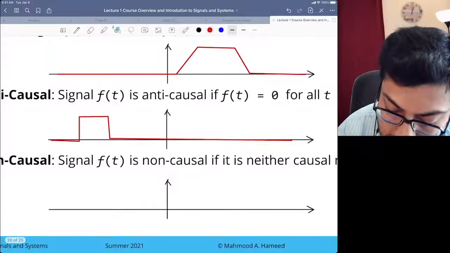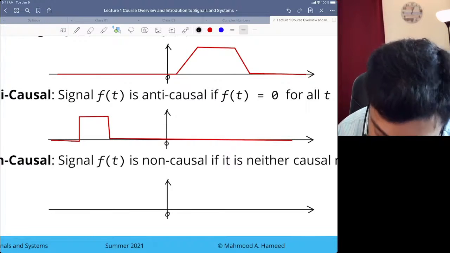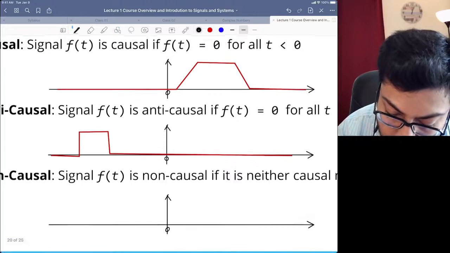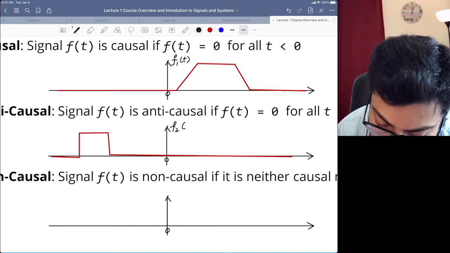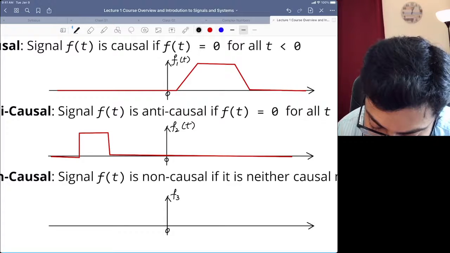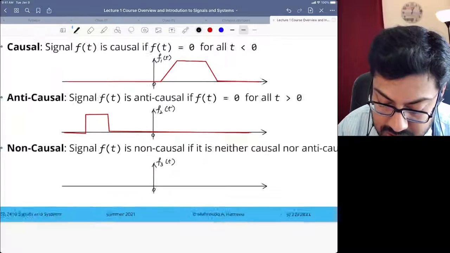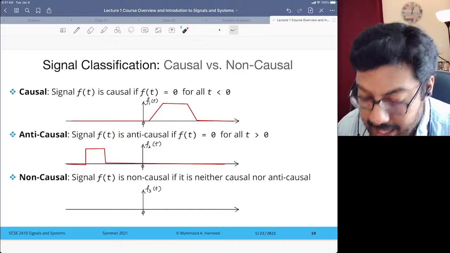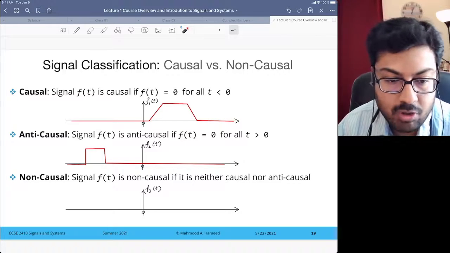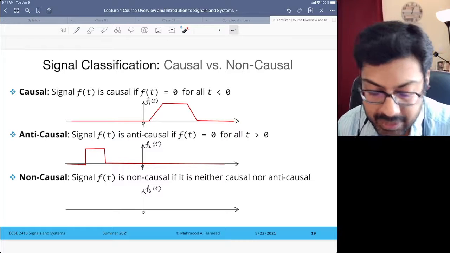Oh, by the way, I need to not forget zeros, because zeros are very important here. This is say f1 of t, this is say f2 of t, this is say f3 of t. A non-causal signal is neither causal nor anti-causal. So how should I draw a non-causal signal? It cannot be this or cannot be that.